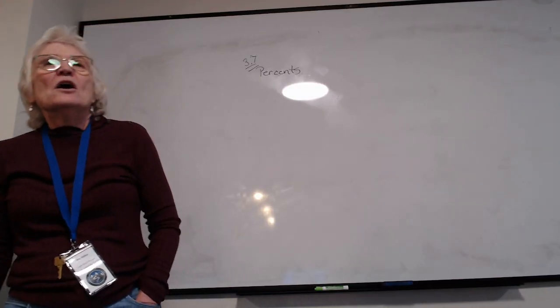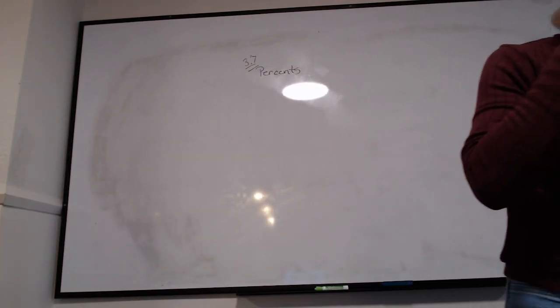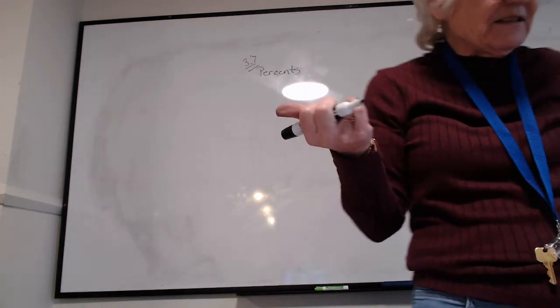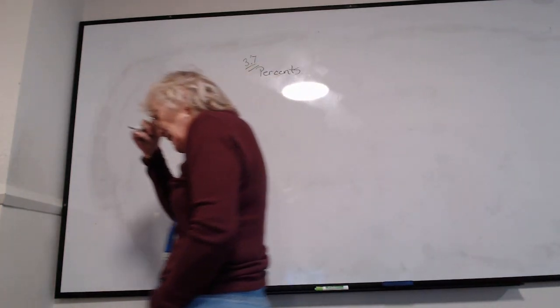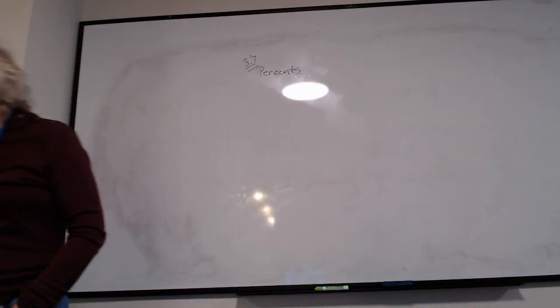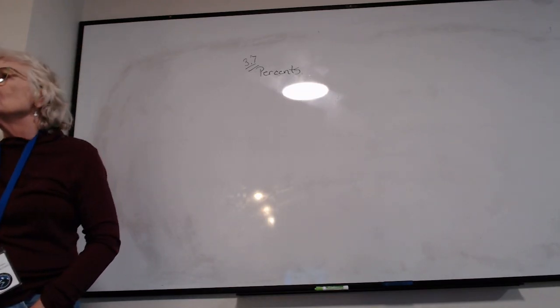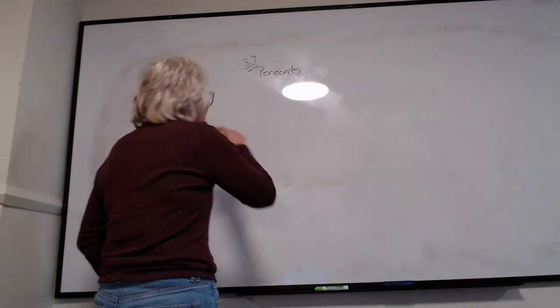There are ways to write an equation with percents. I'm going to give it to you in words. As you get older, we'll put it into variables, but right now I'm going to put it into words.